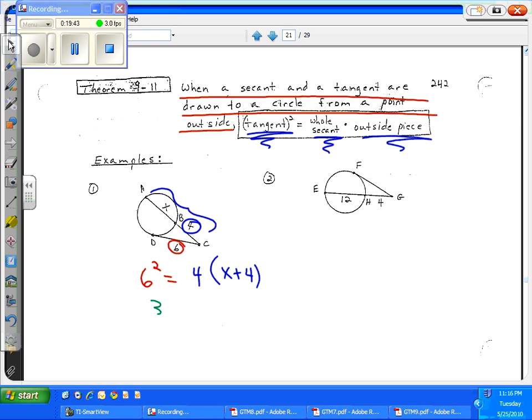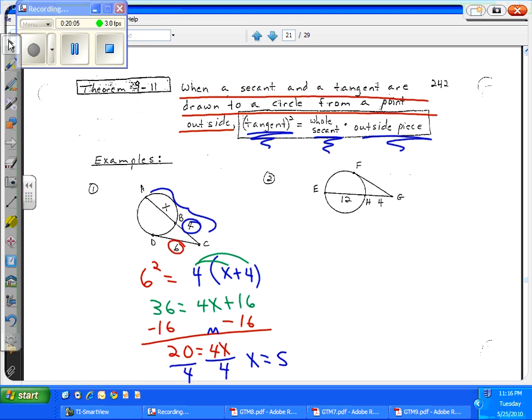So we can solve, we get 36 equal, we're going to distribute, 4x plus 16. Now we're going to start undoing. Undo multiplication by division, and we get x equal 5.